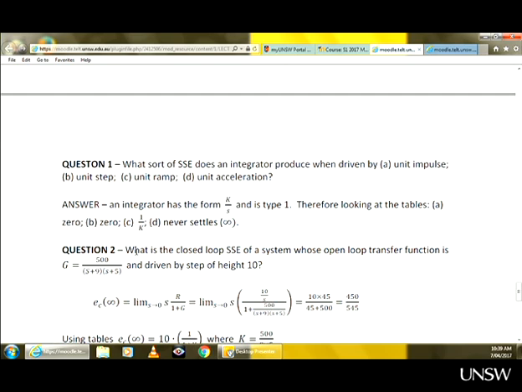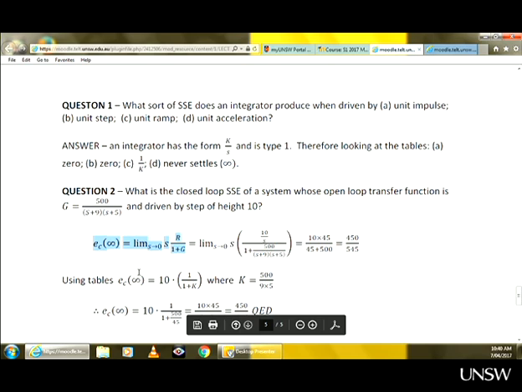It is 1, because you have an s down here, s to the power 1. The fact that you don't have anything else doesn't change that fact, that this is a type 1 system. So what you can do, either use the table or use the expression for the steady-state error. By the way, this equation will be given in your final exam. Again, not something you should worry very much about.